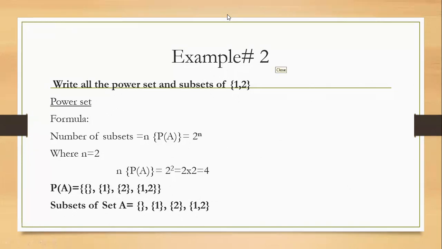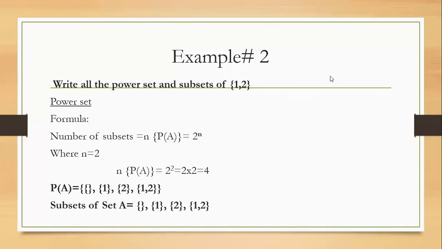I am explaining right now. We have to find the power set and subsets of 1 and 2. That means, for example, name this set as A again. You can name it B, C also.